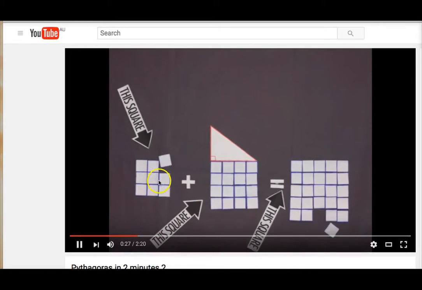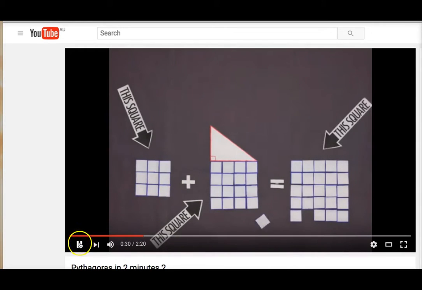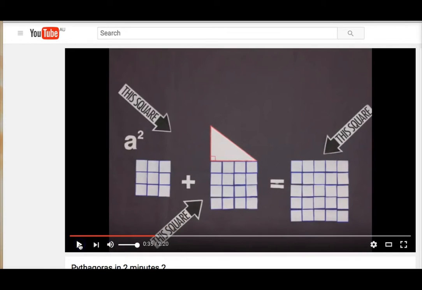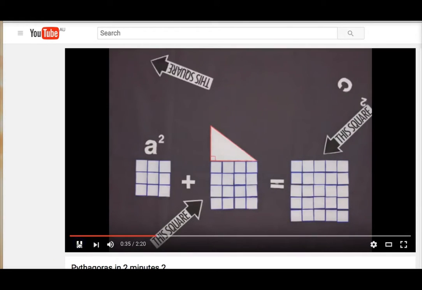What they're doing, those 9 squares plus those 16 squares here equals 25 squares. Can we see that? The two smaller squares, 9 plus 16 equals 25.